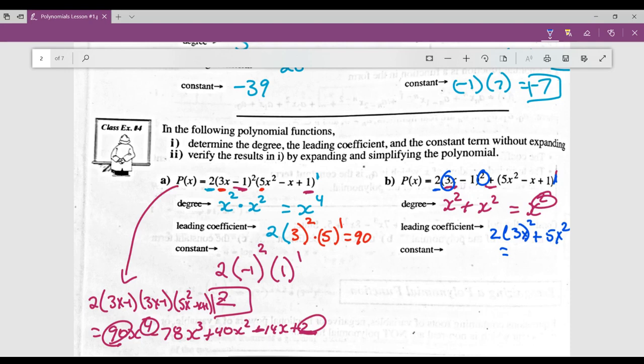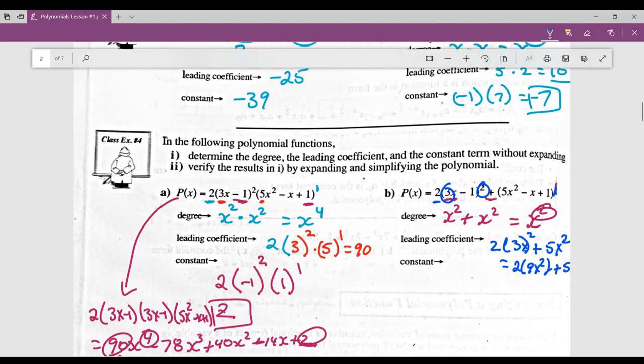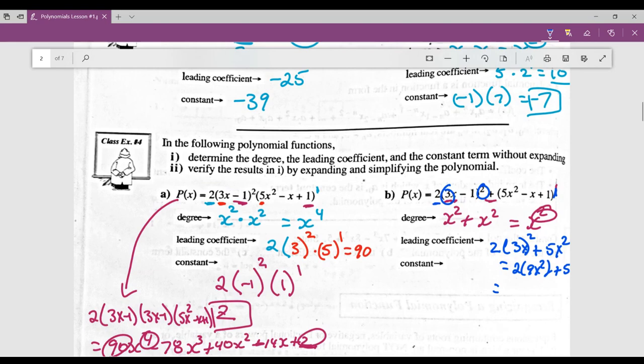So 3x squared is going to be 9x squared. 2 times 9x squared plus 5x squared, which is going to be 18x squared plus 5x squared, 23x squared. So you can see the degree is 2, which we stated in the first part. The leading coefficient would be 23.